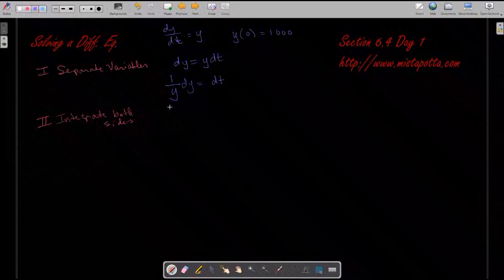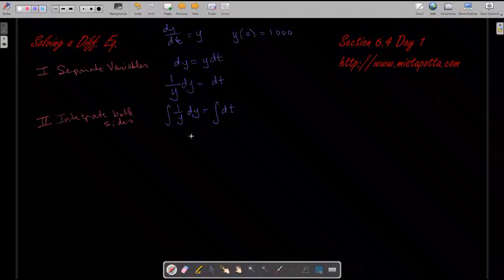I'm going to take the integral of 1 over y dy equals the integral of dt. And I know that these functions should be equal as long as I take into consideration that constant.